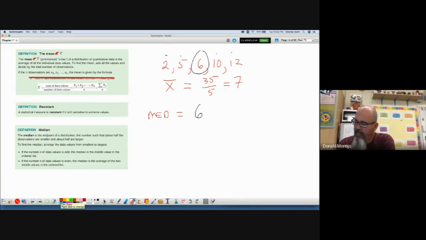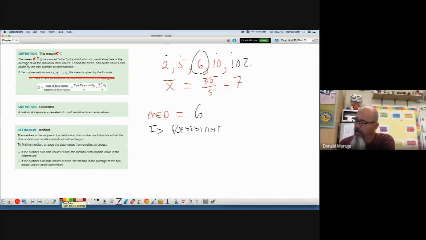So let's say that this 12 is turned into a 102. Well, the median is still 6. The median is resistant to this extreme observation.